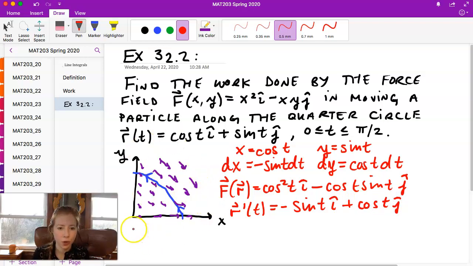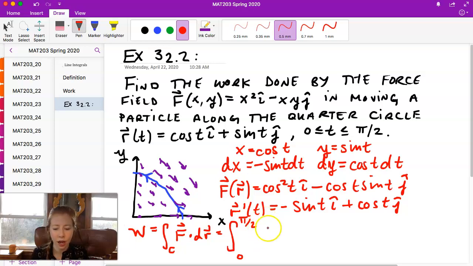Now we need to compute the work. So work is going to be, from our definition on the previous sheet, the line integral of f dotted with dr. And our time interval here is going to be 0 to pi over 2, since we're integrating with respect to time.